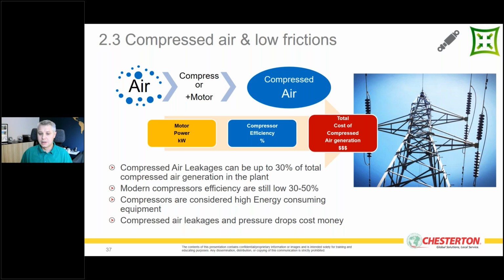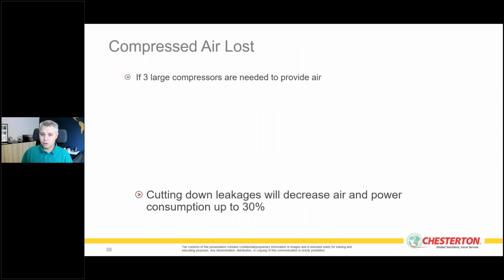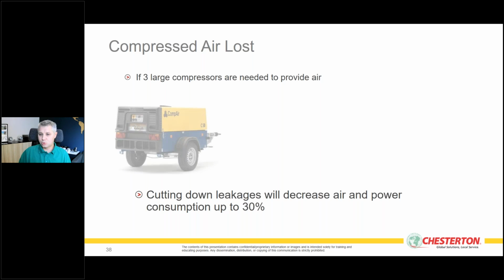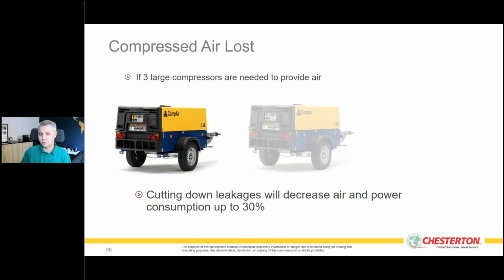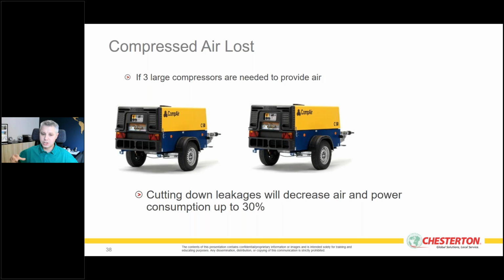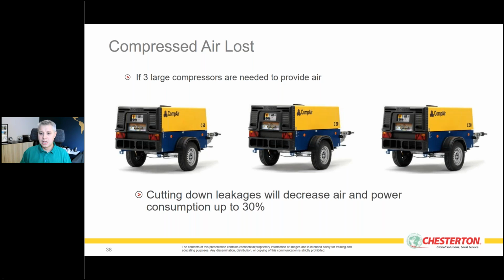So based on that, we can save energy and we can save money. Next slide, please. To show it a little bit, just imagine that we have 3 large compressors to provide the amount of air which is needed for your system. So just imagine that if you succeed with elimination of leakages, you can say that one of these compressors is not needed.